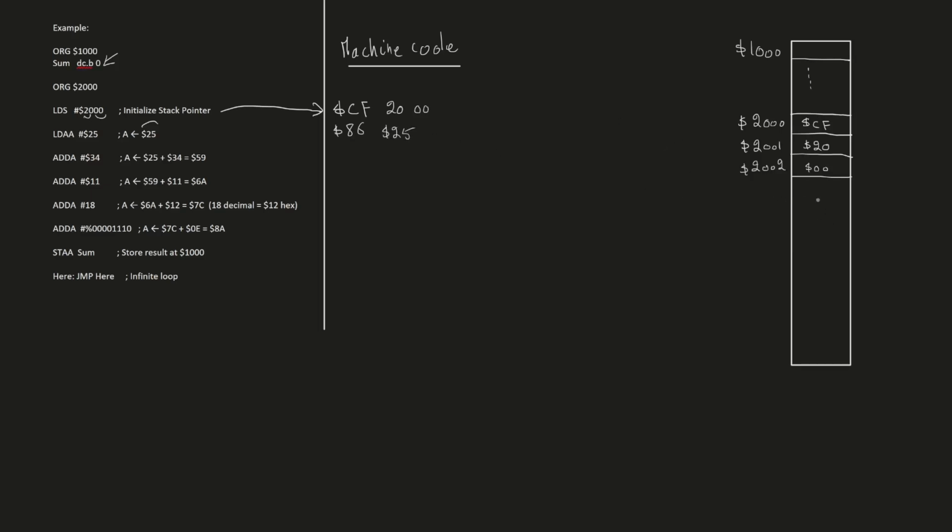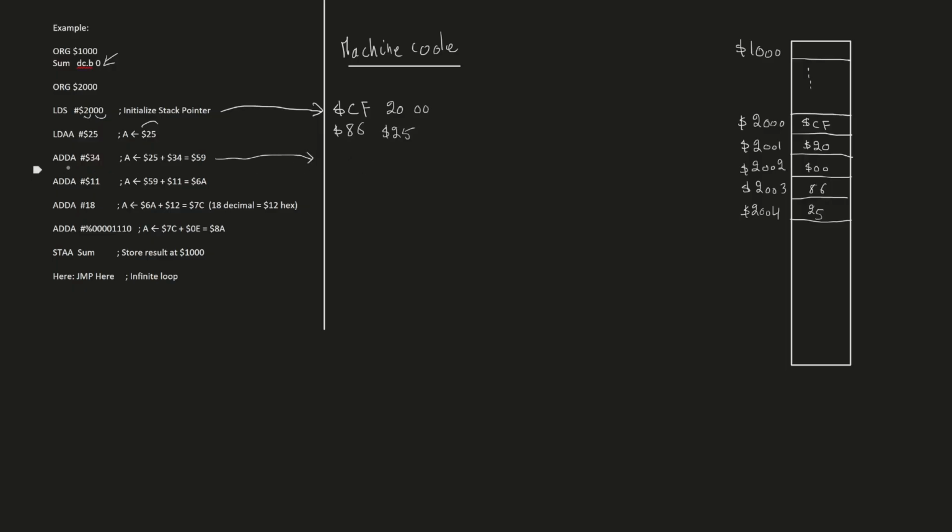So now we can fill the content in memory. Next will be 2003. The content is 86 in hexadecimal. And then at 2004, we have 25. So next we can move to the next instruction.